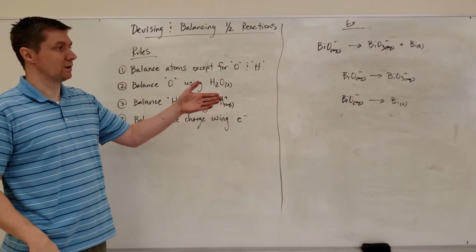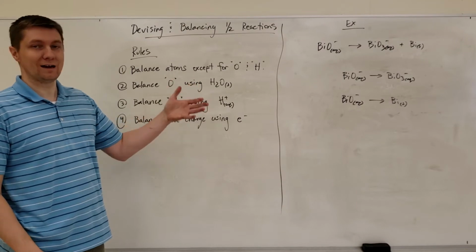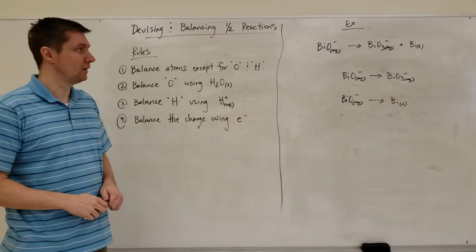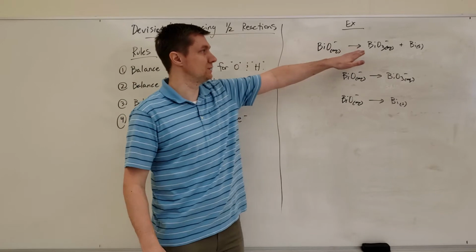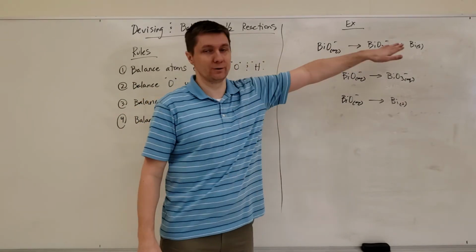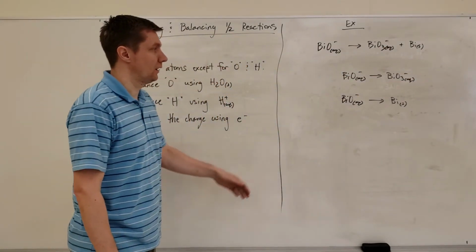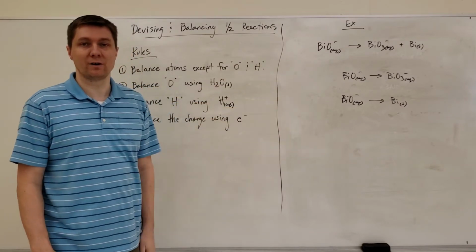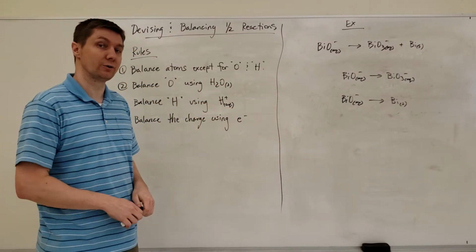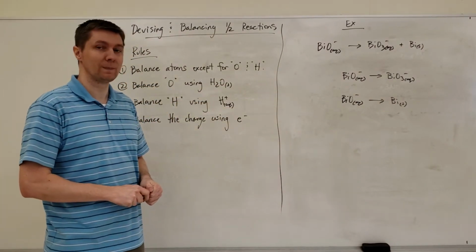What you'll notice here is that I only have one reactant for this. And this one reactant turns into 2 other things. I'm not going to balance these 2 half reactions out for you. You can do those on your own if you want to pause the video right now.